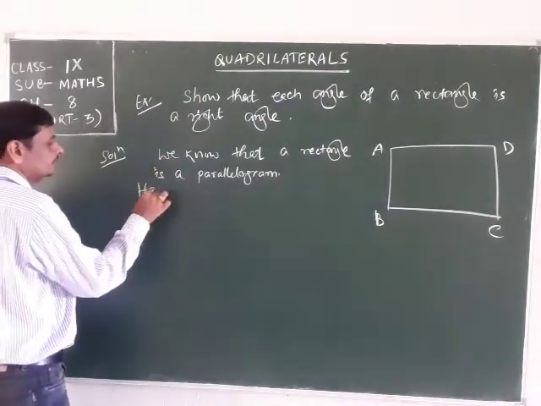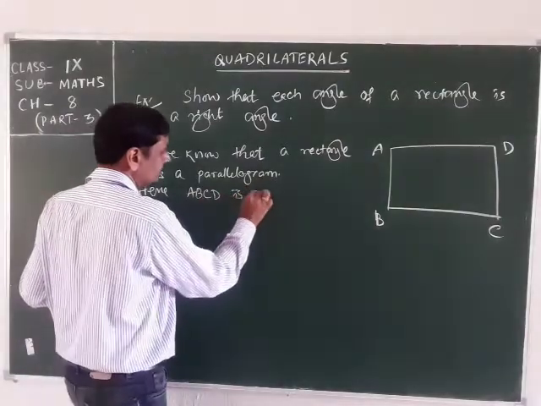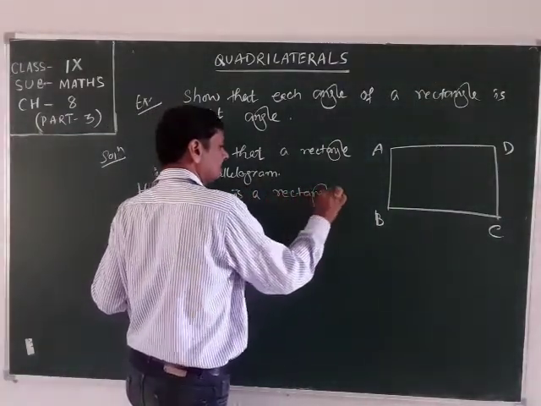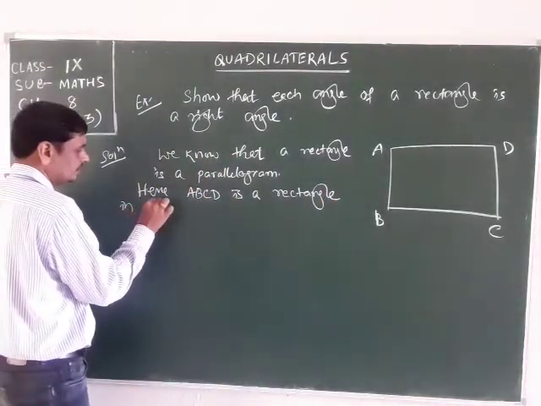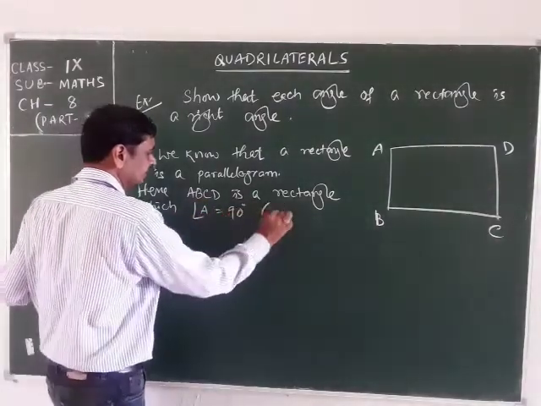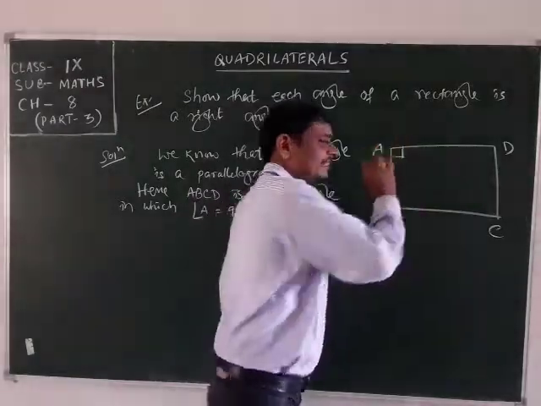Here ABCD is a rectangle in which angle A is 90 degrees.